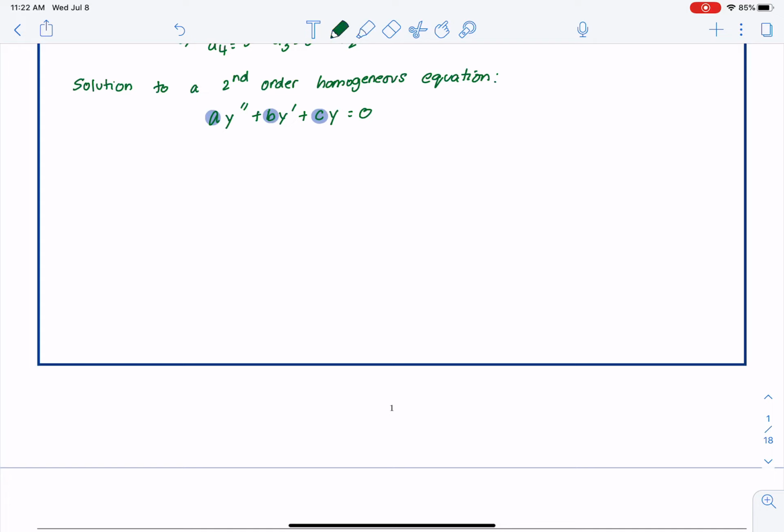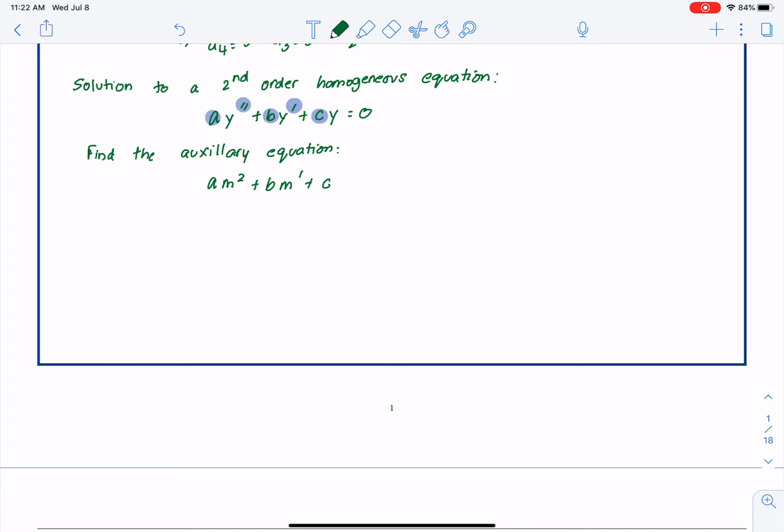A key step is to find what we call the auxiliary equation. The auxiliary equation is simply A multiplied by some expression. I'll use m. And you see the second derivative here, so I'm going to put 2. B multiplied by m raised to 1, since I see the first derivative there.